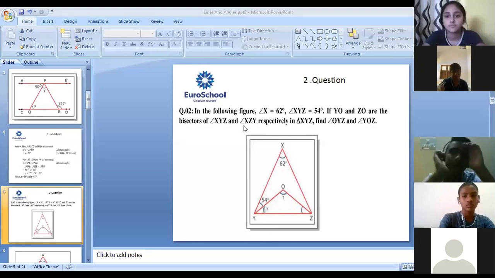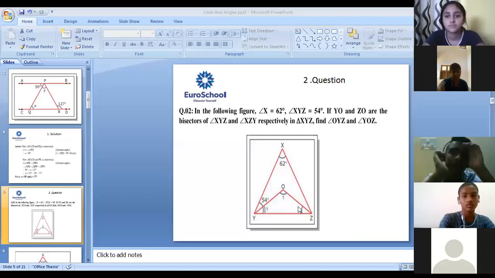Now, ZO also divides angle XZY. So this ZO divides angle Z into equal angles. But we don't know the value of Z, do we? No, ma'am.